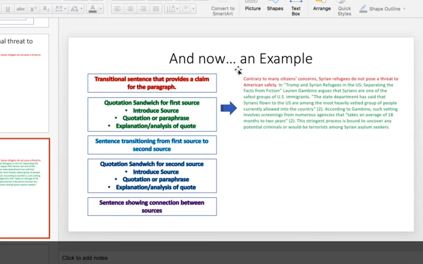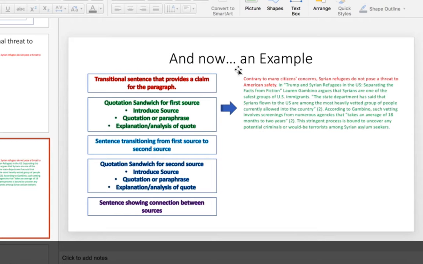Quote, the State Department has said that Syrians flown to the U.S. are among the most heavily vetted group of people currently allowed into the country. End quote. Page 2. According to Gambino, such vetting involves screening from numerous agencies that takes, quote, an average of 18 months to 2 years. This stringent process is bound to uncover any potential criminals or would-be terrorists among Syrian asylum seekers.